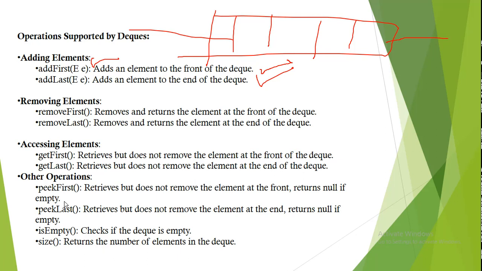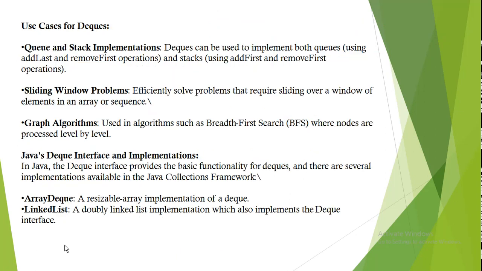Nearly the same thing as peek: we have peek first and peek last. You also have is empty, to check whether the array is empty or not, and the size method to check the size. These are some methods that you will be using.